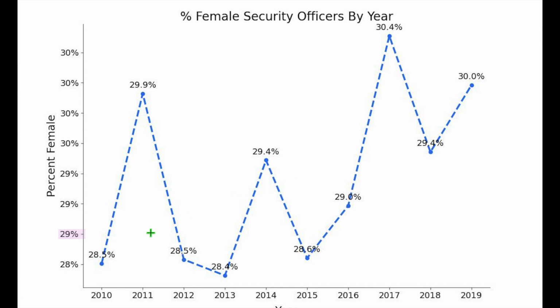So earlier I reviewed this data point, 28.5%. 28.5% is the midpoint between 28% and 29%.